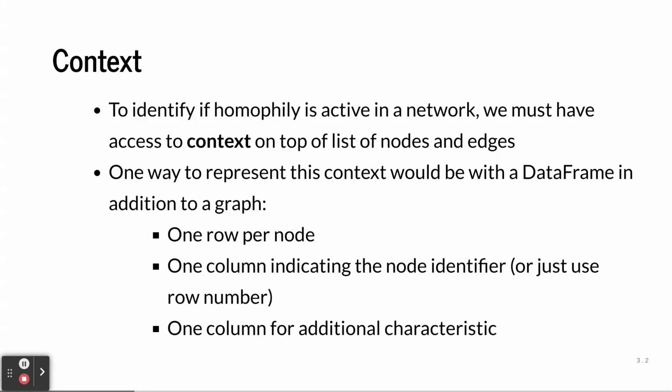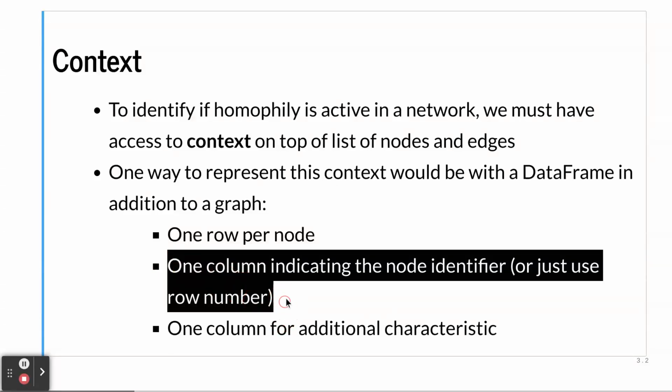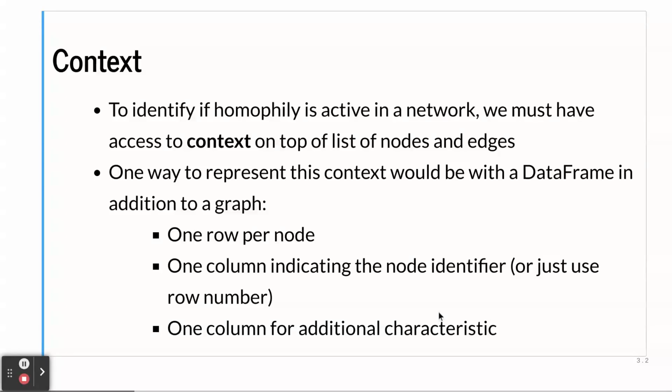And the way we will structure our data frame is we will say that the data frame has one row per node in the graph, and maybe one of the columns is the node ID, so we can map between the data frame and the graph. So that's right here. And then we might have one column for each additional characteristic.